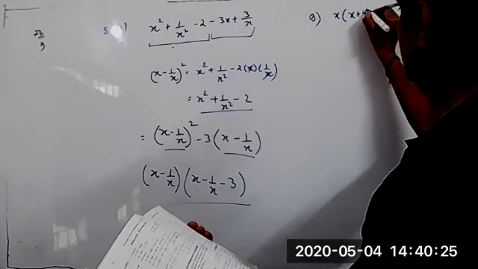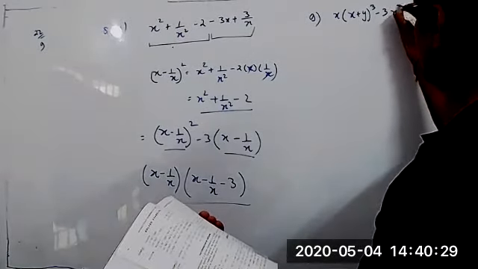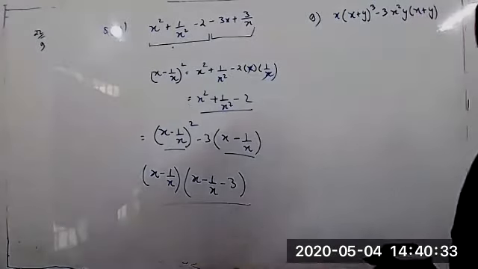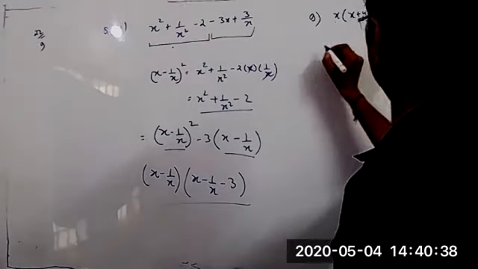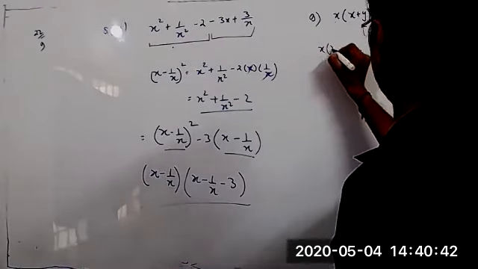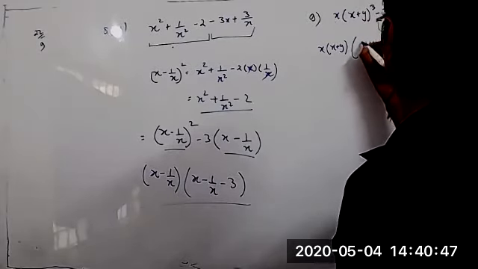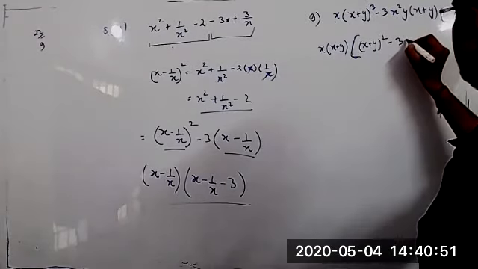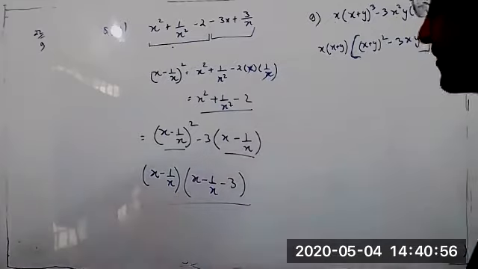9th question. x plus y whole cube minus 3 x square y minus 3 x y square... so what is common in these two? x. So x common, x plus y, x plus y. So what is left out here? x plus y the whole square minus 3xy. Correct?